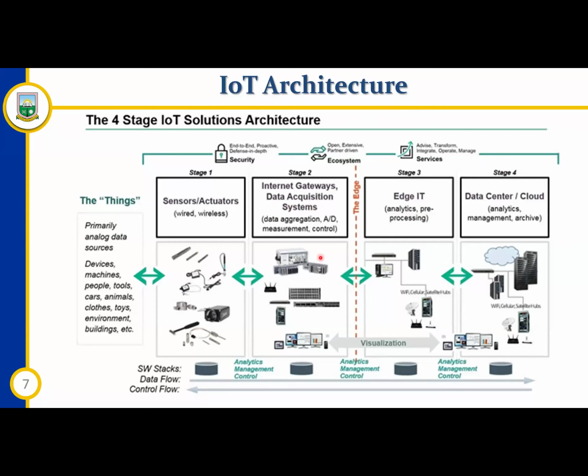When we talk of the edge IT, it achieves this process through the edge devices, and the edge devices in this case would be the gateways. This is possible because it sits at the edge of the network, which is between the sensor and the cloud itself. So that is steps 2 and 3 coming in here.